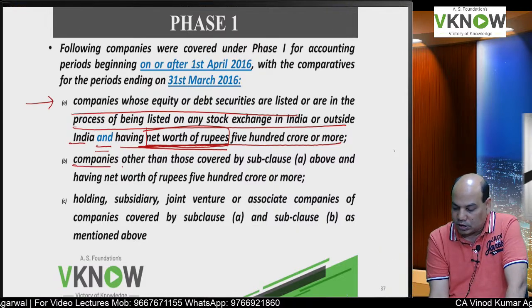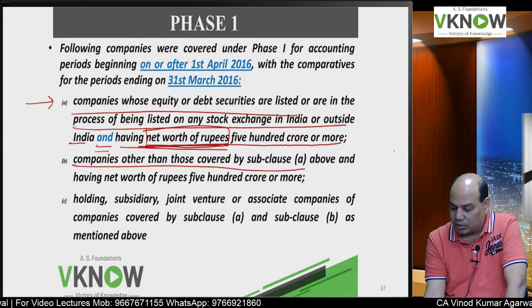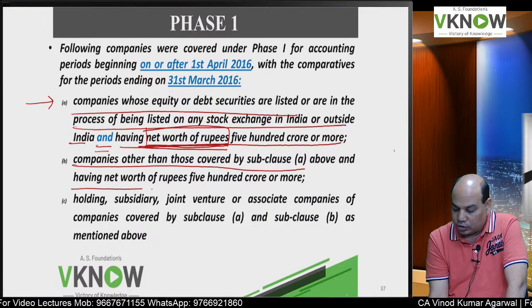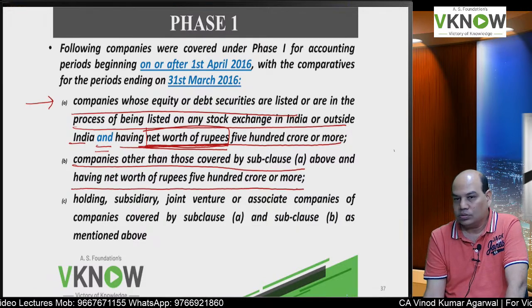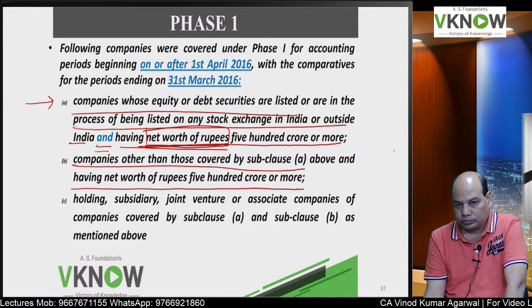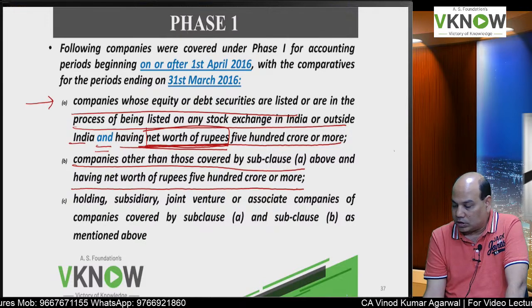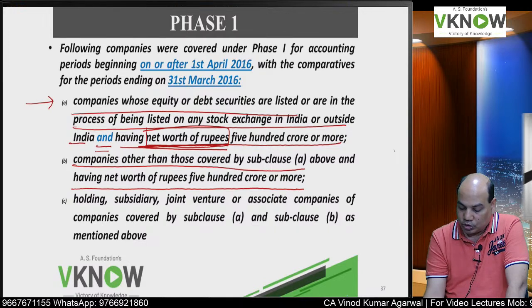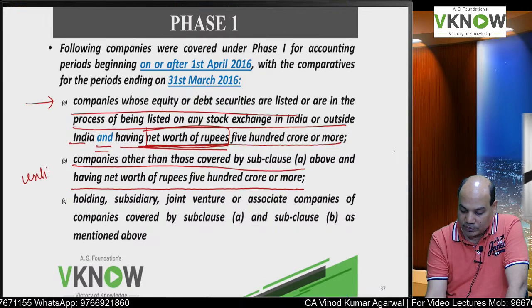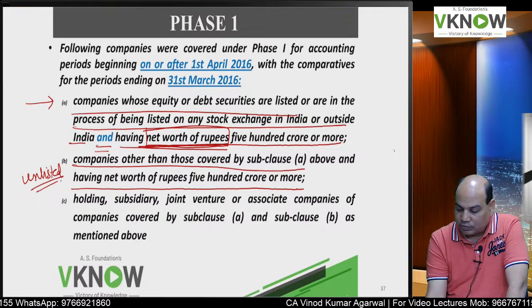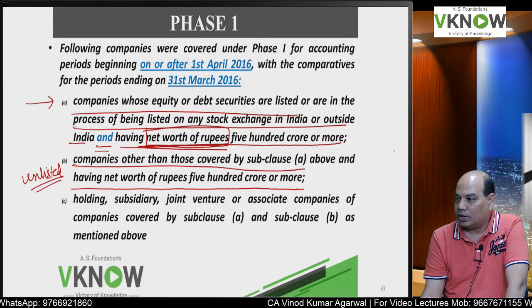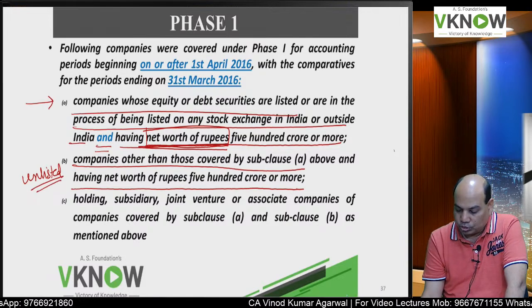Second is companies other than those covered by clause A above and having net worth of rupees 500 crore or more. So this means it is not a listed company. Other than a listed company, you can say an unlisted company whose net worth is 500 crore or more.